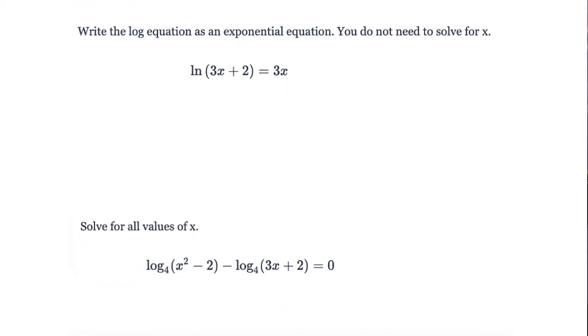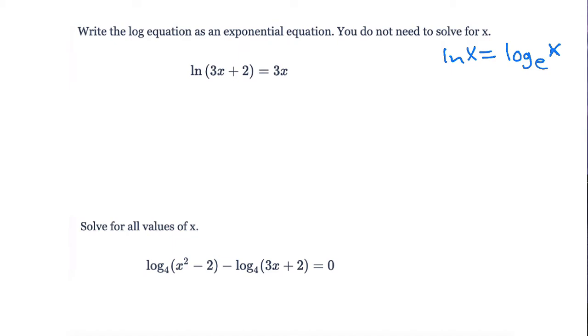Write this log equation as an exponential. You don't need to solve this one. Remembering this is the natural log, which is the same thing as log base e. That's the little trick we have: this power e.